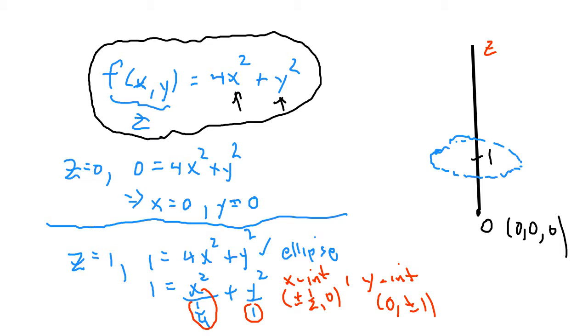And it's going to be wider in the y direction than in the x direction. Okay, and by the way, this is what's known as a horizontal trace. A horizontal trace.